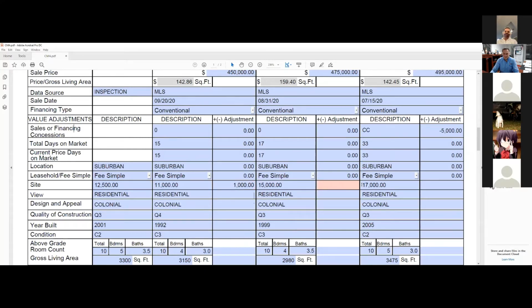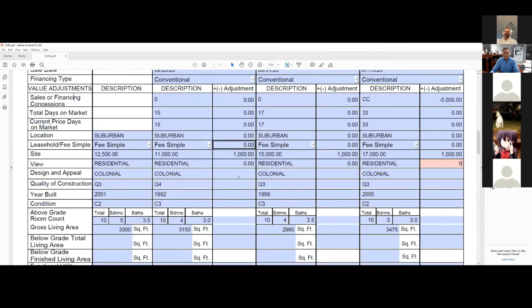Here's another one, another $1,000, and here's another one, another $1,000. View means whether the property is located in a community or on a main road with commercial space on it or underneath it. This is where you specify that. I'm going to put 0 credit because nobody gives credit on that one. For design, appraisers do not give any credit either.